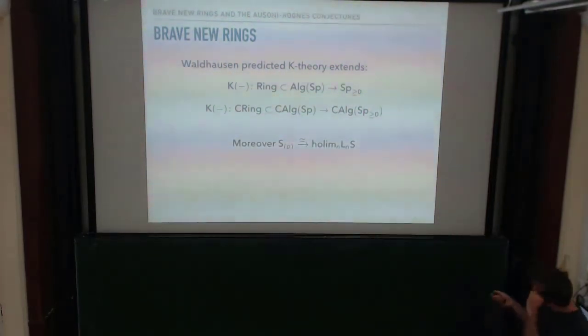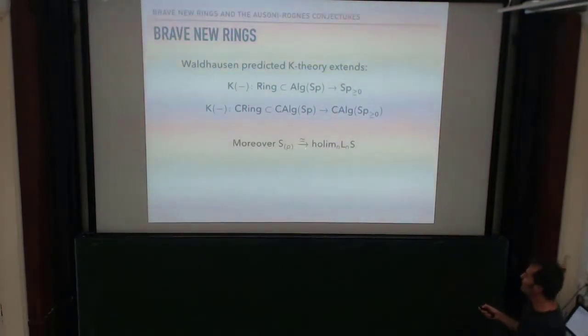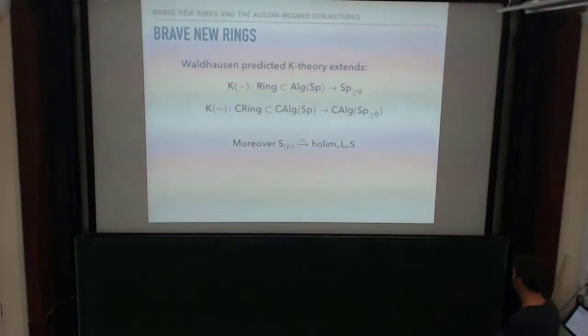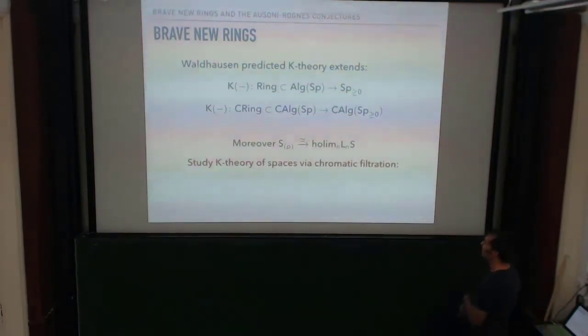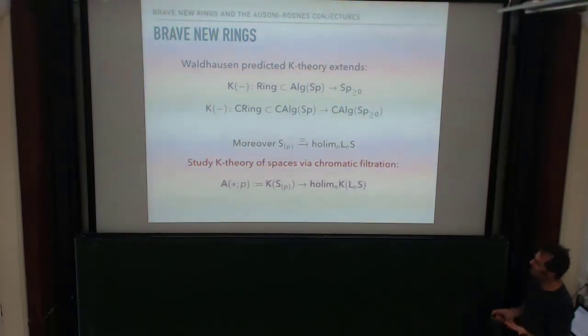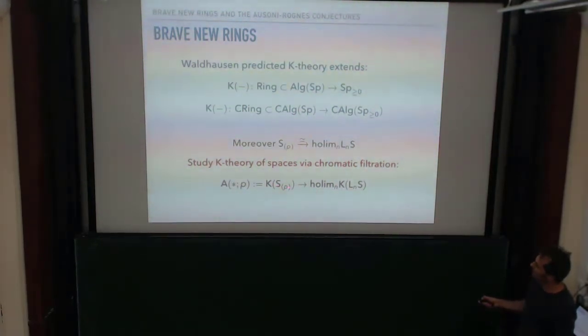Moreover, we know that we can recover, say, the p-local sphere from this inverse limit of these localizations. And Waldhausen was very interested in trying to understand the K-theory of spaces, this A of a point, which Carey was telling us about, which is some K-theory of this sphere spectrum. And we get a map here.